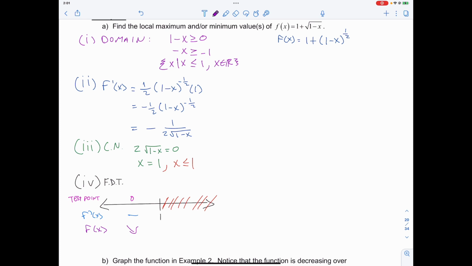Because there is no change from decreasing to increasing or increasing to decreasing, f of x is always decreasing, so there is no local minimum or maximum values.